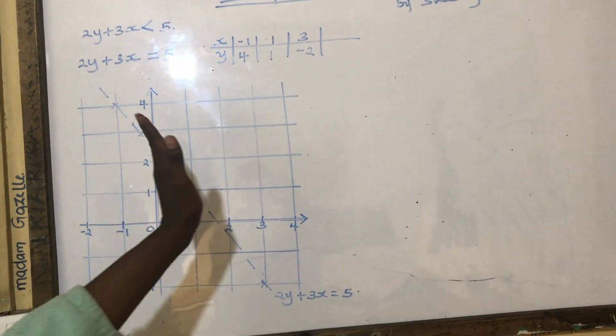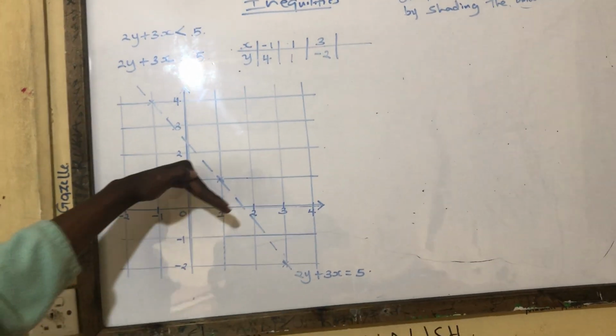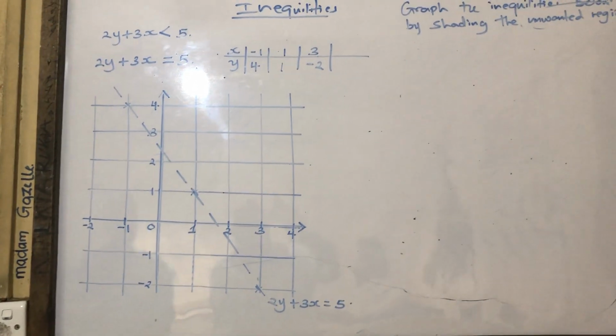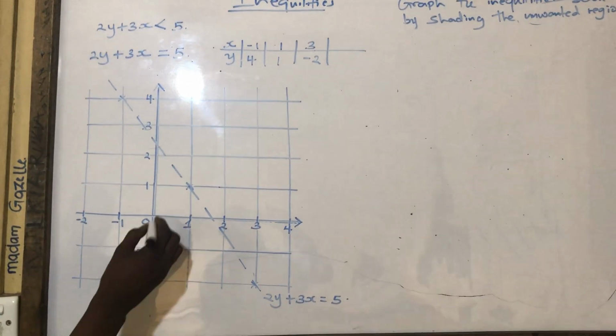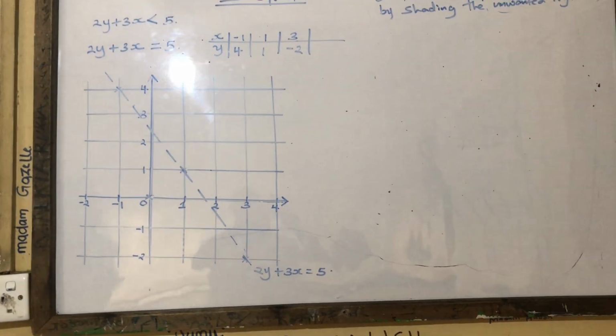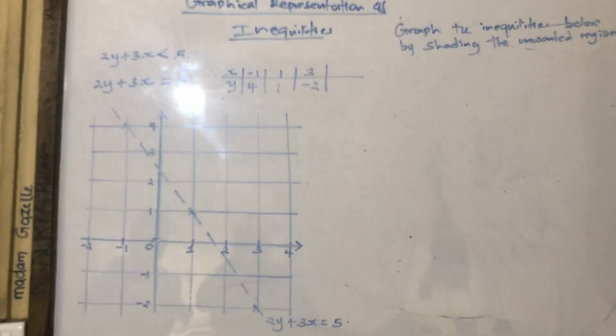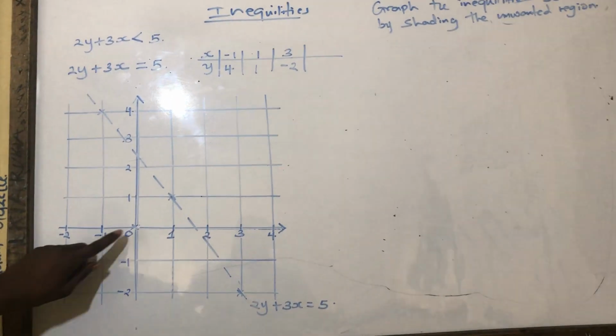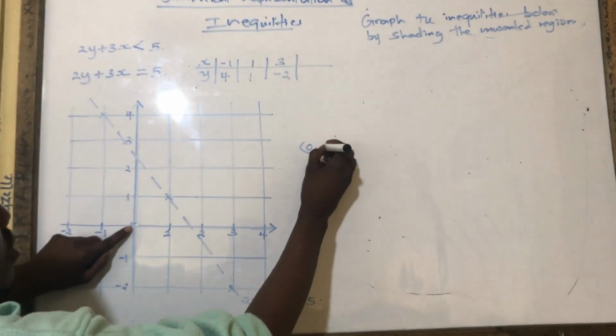The point must come from either side of the line. Let's take, for instance, the point 0, 0, the point which we usually refer to as the origin.